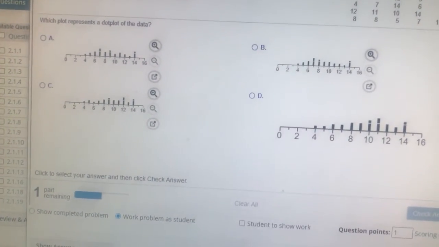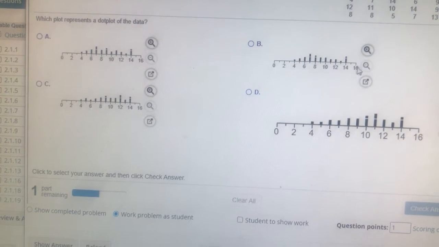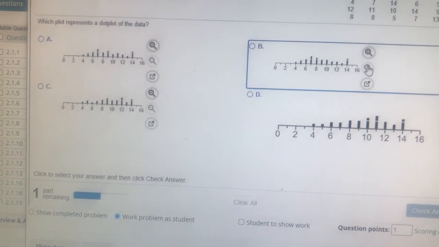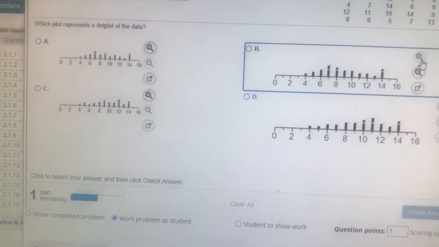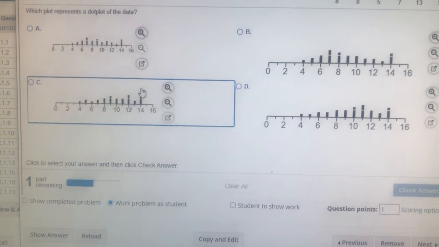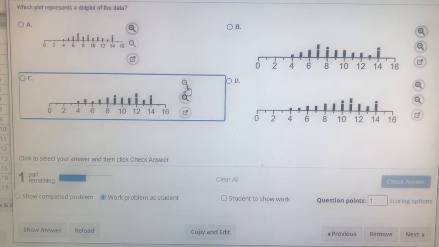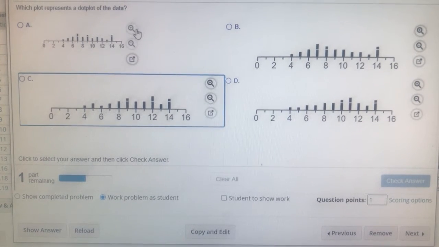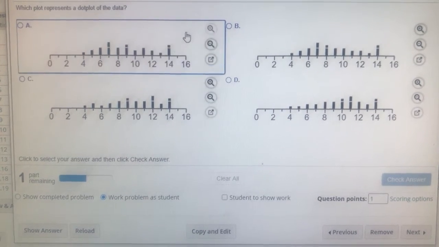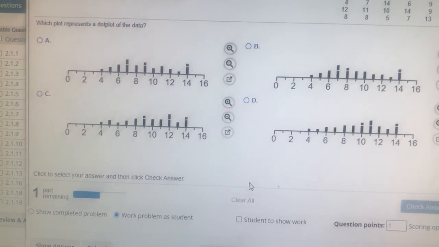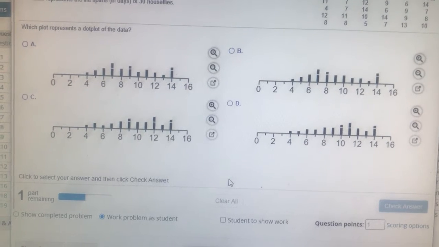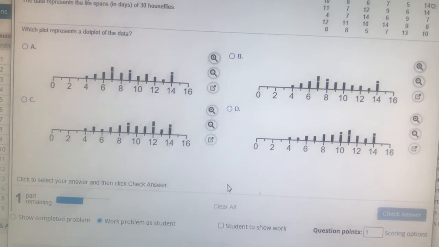Let me hit this a couple times to make them all bigger so it'll be easier to see the differences on them. Okay, so let's look for something that's different in them.